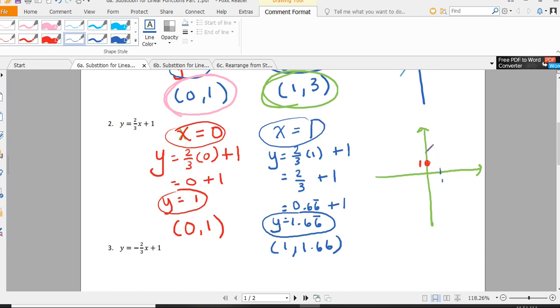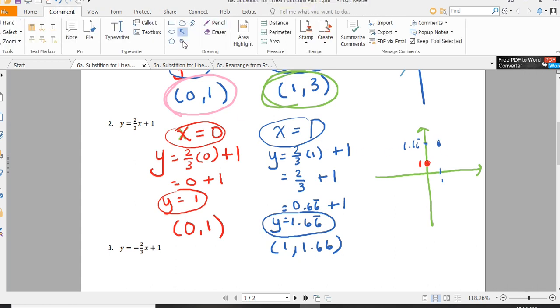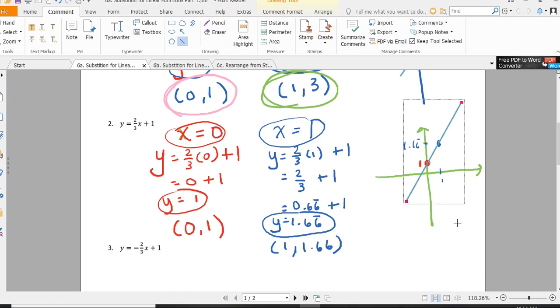And 1.66, let's say 1.66 is up there somewhere. Let's call this 1.66. It's a little bit high. It doesn't seem very realistic, but again, we're just drawing a quick little sketch. And we're done. All I've got to do is connect it with a line. And there you have it.